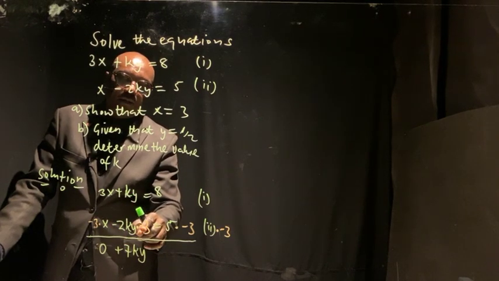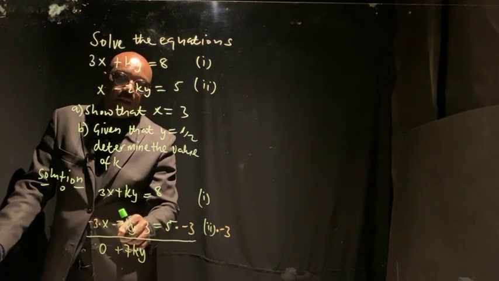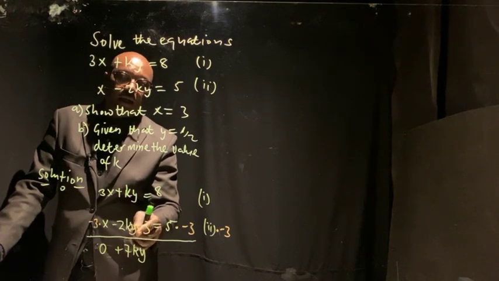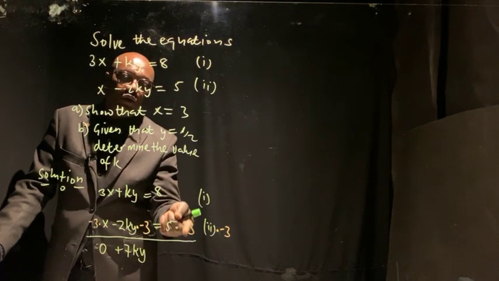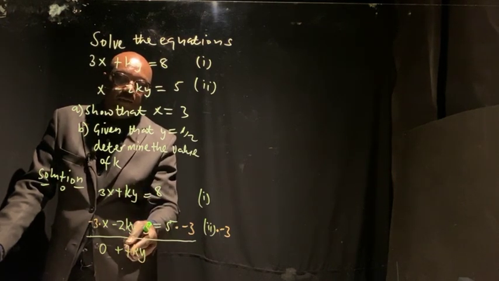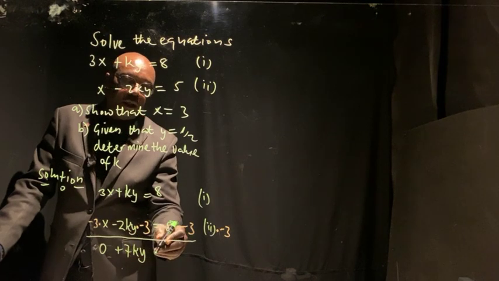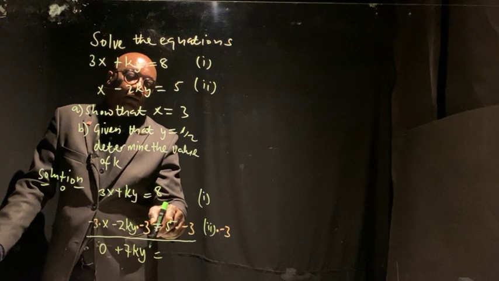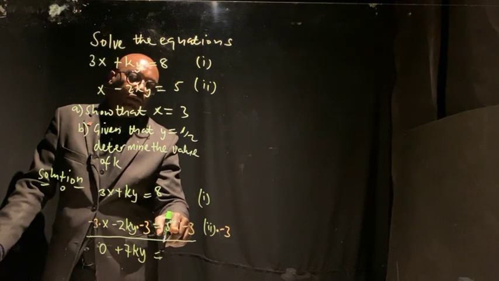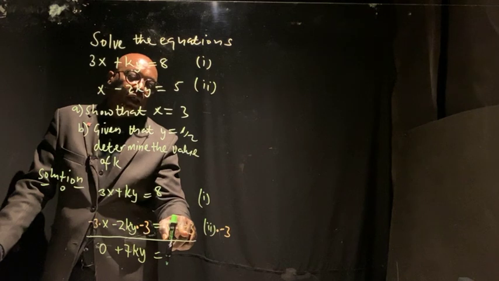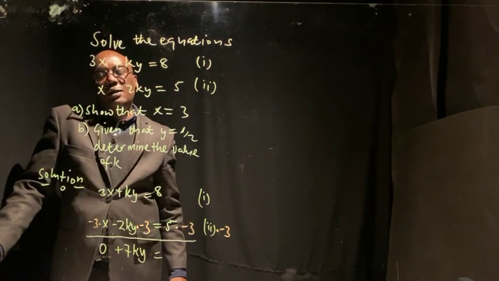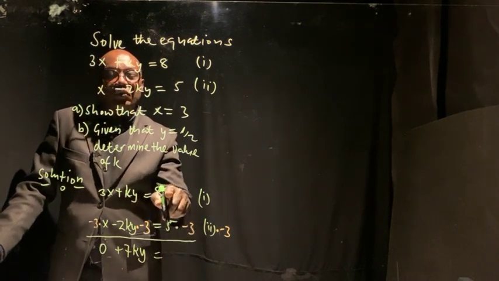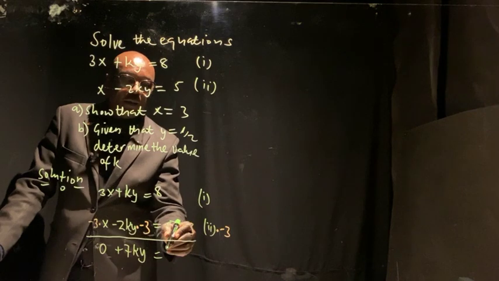Minus 3 multiplied by minus 2ky gives plus 6ky, added to ky as we are adding equations 1 and 2 together. And at this side we have 8 plus 5 multiplied by negative 3, which gives us negative 15. Adding, we have negative 7.